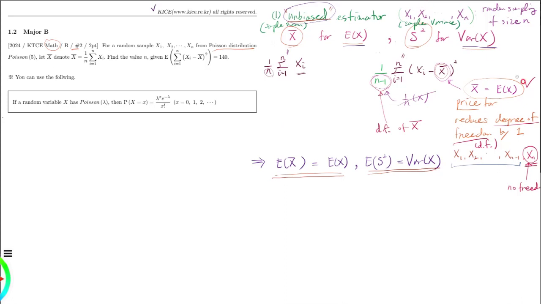Okay, so let me directly dive into this problem. How can you use the unbiased estimator in this condition?